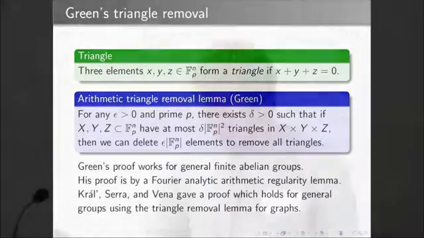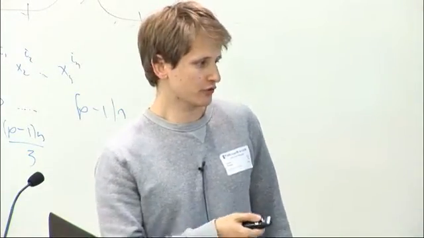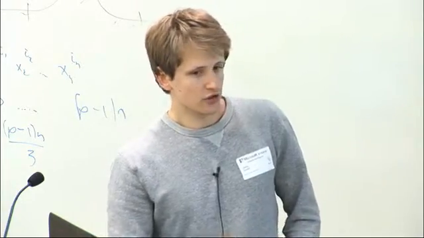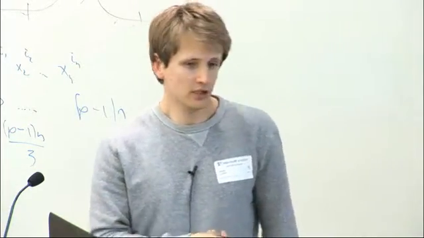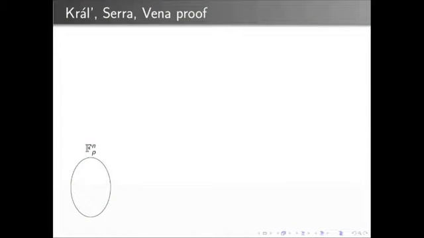So later, Král, Serra, and Vena gave a proof which holds for general groups, which basically uses the triangle removal lemma for graphs. So I believe I can briefly sketch the proof.